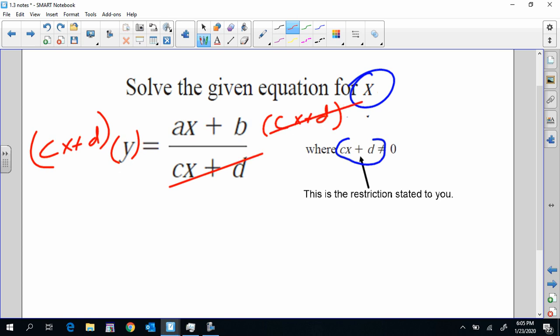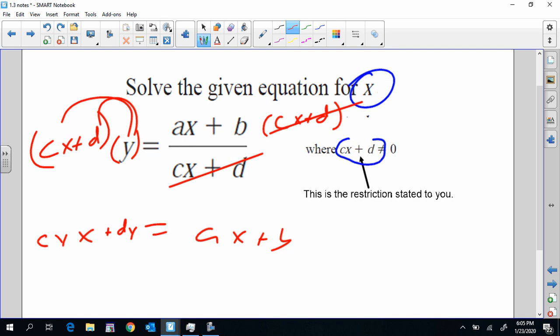It cancels out and leaves me with ax plus b, and the y distributes to cyx, because x is my variable, cy would be the coefficient, and dy when I distribute it to both terms.